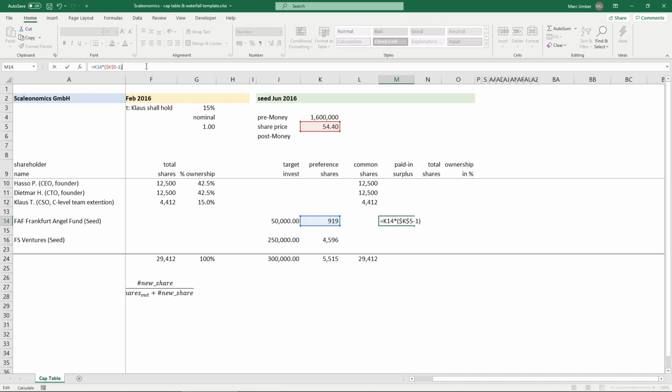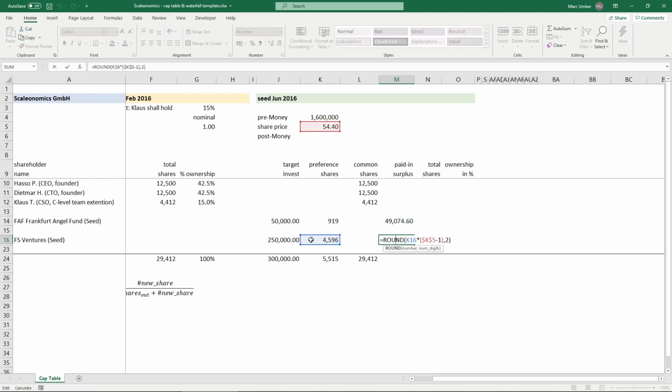We can achieve that simply by having 919 times the share price minus 1 times the share price. And this is the actual amount that goes into the paid-in surplus. Let's make this a euro value again, and we can copy and paste this formula.